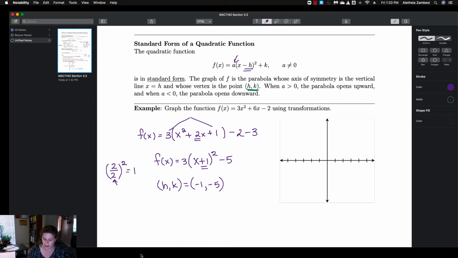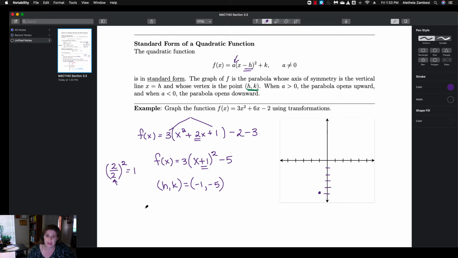All right, if I plot that on the graph, the point (-1, -5) is right here. And then my graph opens up because I have a 3 and it's positive on the outside. Now that 3 is pretty stretched, so if I want to get another point just to see where it is, I can get another point.